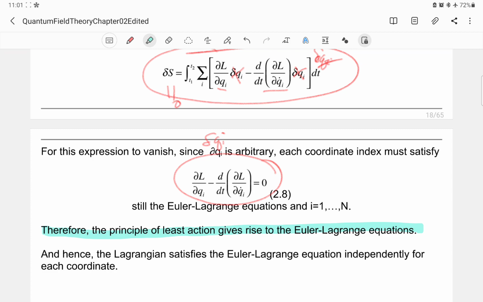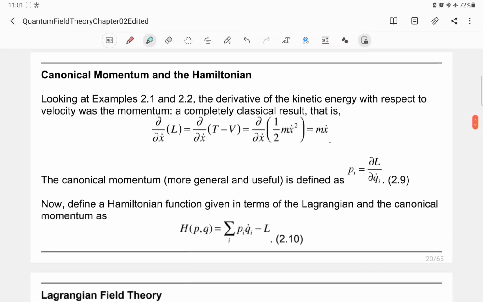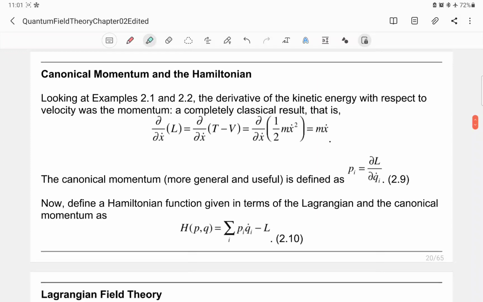And also, in this particular result, the Lagrangian satisfies the Euler-Lagrange equation independently for each coordinate. Looking back at examples 2.1, 2.2, the derivative of the kinetic energy with respect to velocity was the momentum.